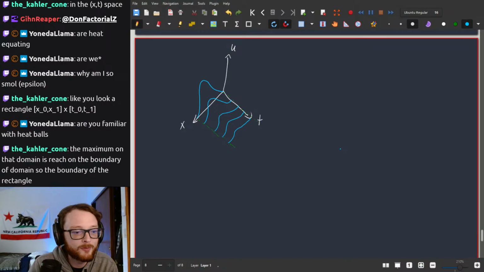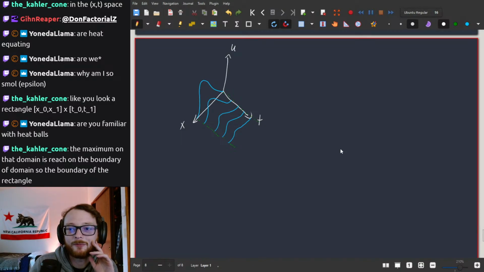I guess I'm taking Dirichlet initial or boundary conditions here. The maximum on that domain is reached on the boundary of the domain.